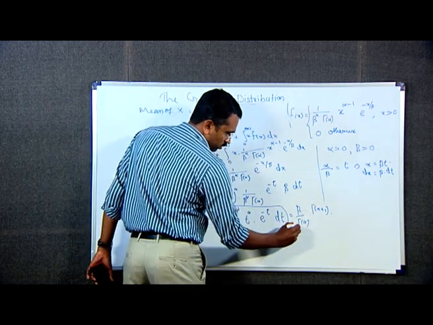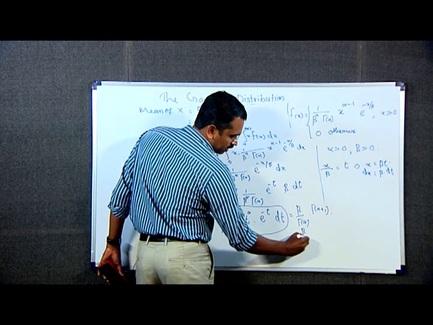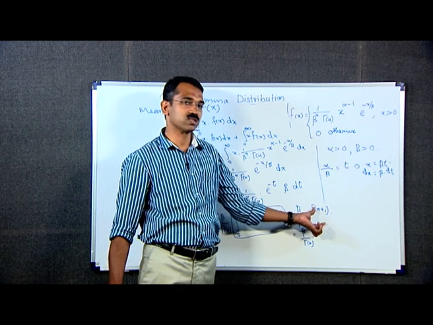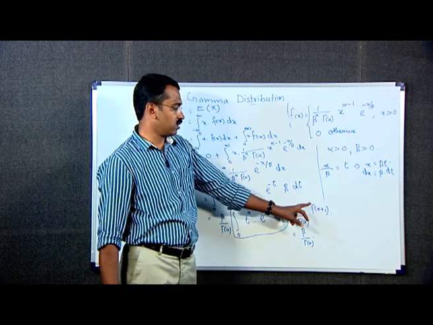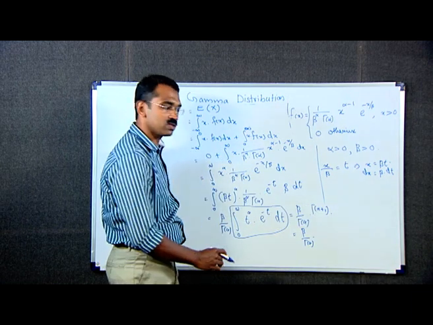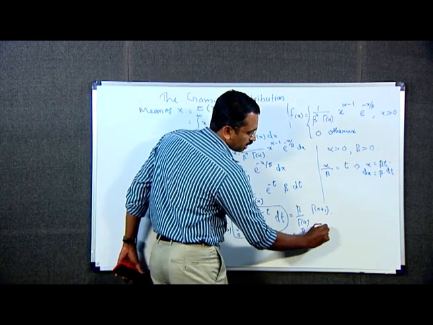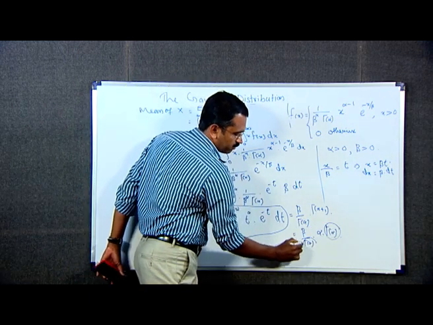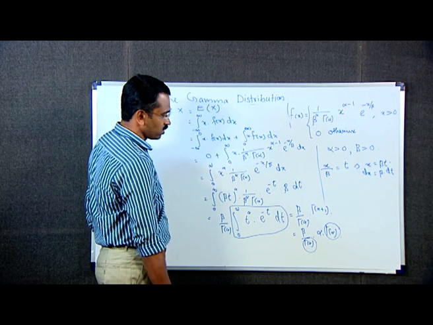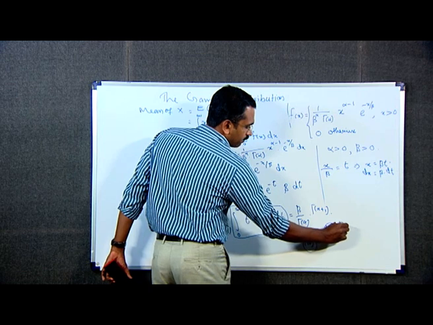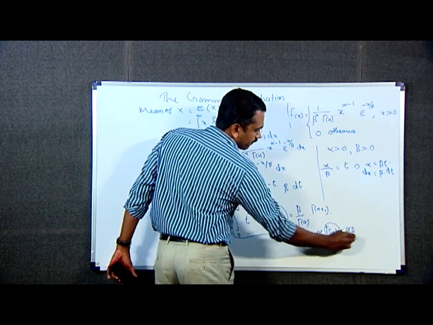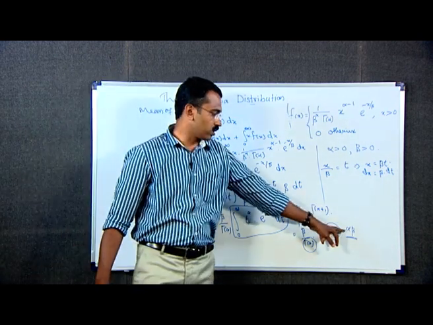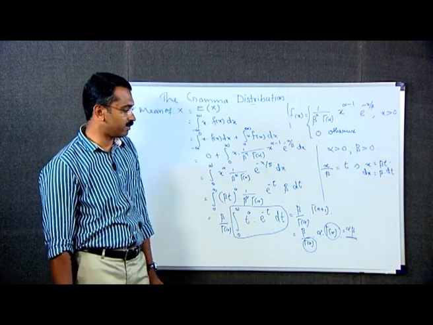This is equal to beta divided by gamma alpha into, we have the recurrence relation for gamma function, that is gamma of alpha plus 1 is equal to alpha into gamma alpha. This gamma alpha and gamma alpha in the denominator cancelled. This is equal to beta into alpha, or alpha into beta. That is, the mean of x is the product of the parameters alpha and beta.